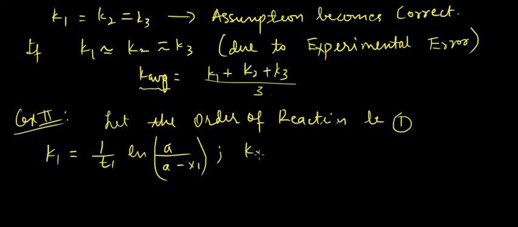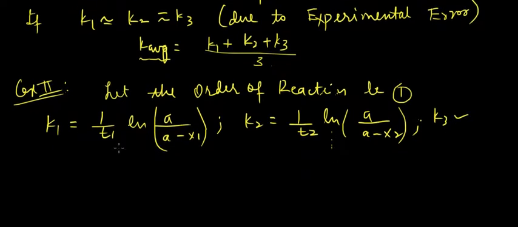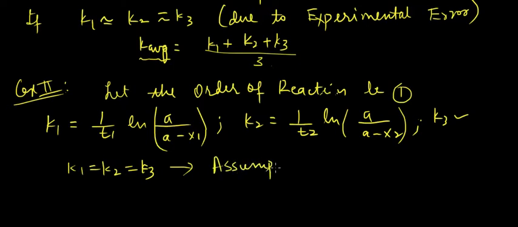Similarly k2 can be calculated as 1 upon t2 ln a upon a minus x2. Similarly k3 can be calculated using the same formula. Then if we compare k1, k2 and k3, and they happen to be all the same, then our assumption is correct and the order of reaction is indeed 1.